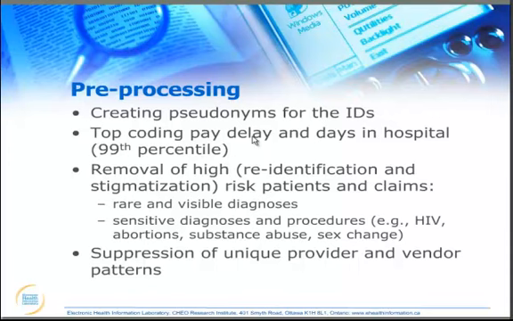So the fact that that procedure code was removed, because of the inferences that one can make, it was important to remove that whole patient. And then patients who had abortions as well, and patients with alcohol or drug abuse or dependence. And then patients where the place of service was intermediate care for the mentally retarded, or a residential or non-residential substance abuse treatment facility.